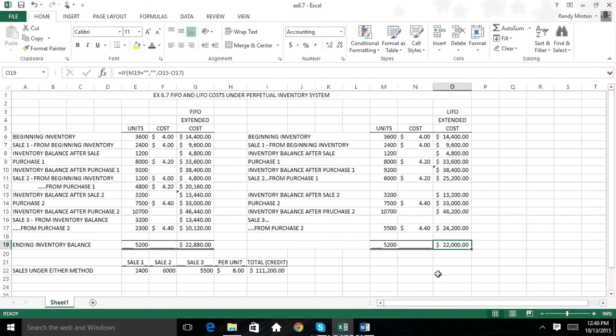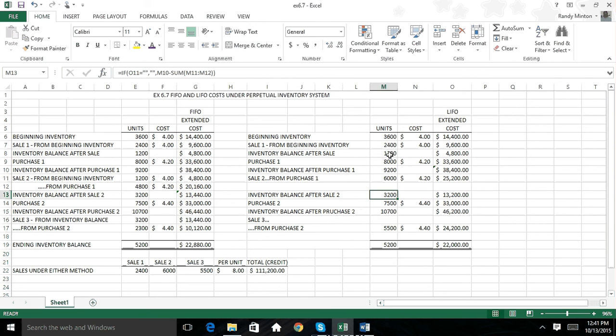Now, I know I went through this fairly quickly, but again, most of that's due to trying to keep the overhead down. If you want to go back and take a look at some of the calculations, the ones that you're really looking for are these inventory balances, because the inventory balances are really based upon what method we're using.